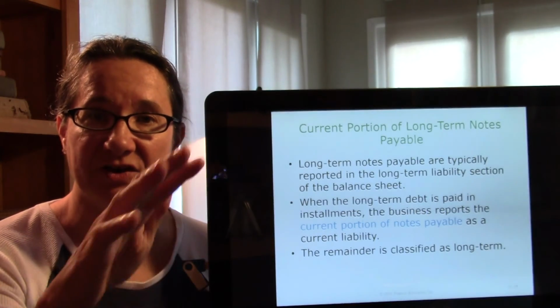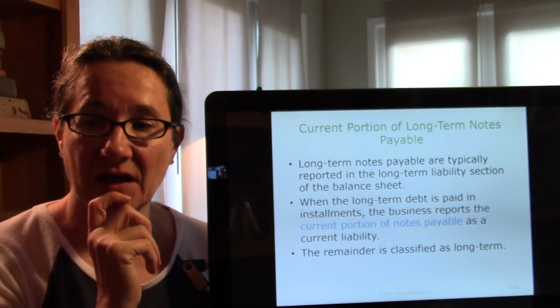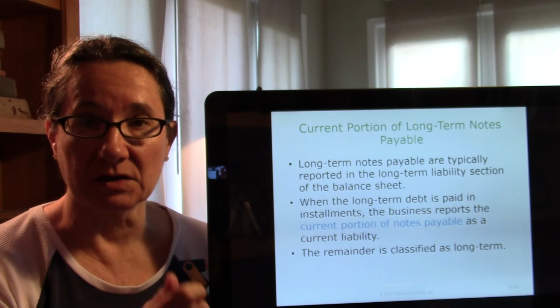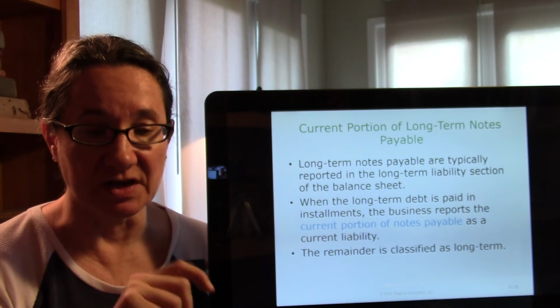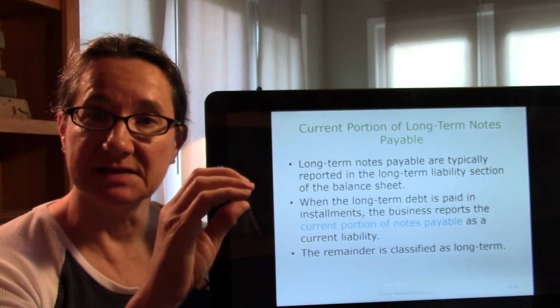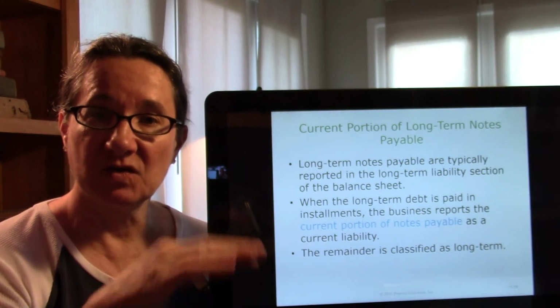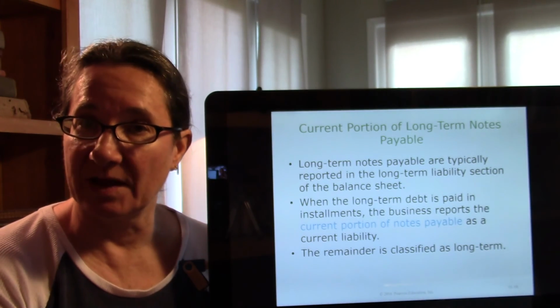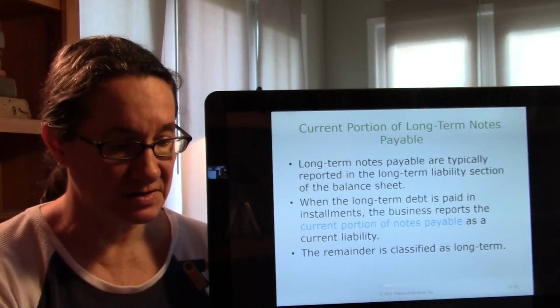So you just split that out. You divide, let's say you have a $300,000 mortgage that's 30 years. So you're going to pay $10,000 this year. So you put $10,000 in current liabilities and $290,000 in long-term liabilities. So that's how that works.